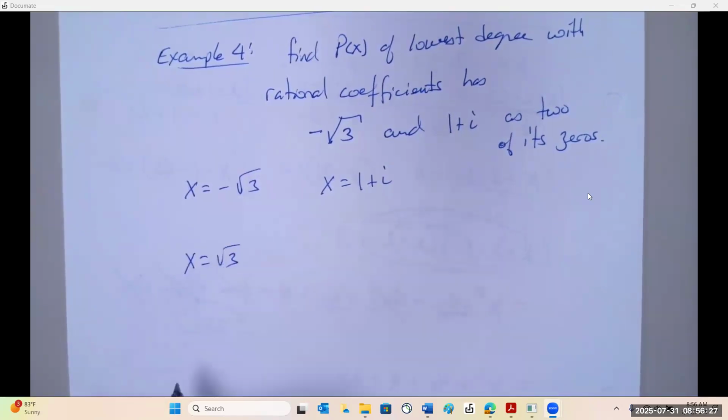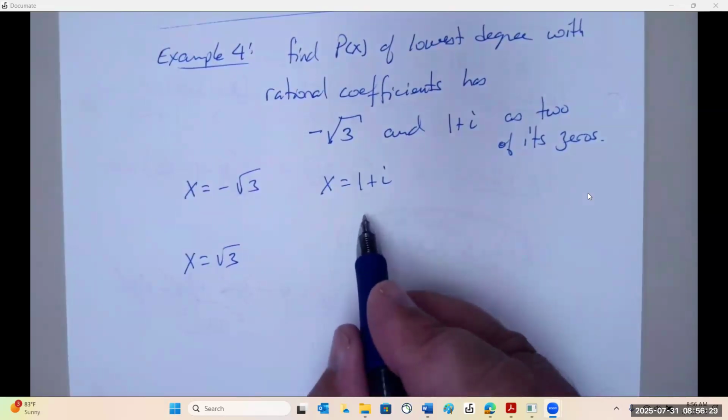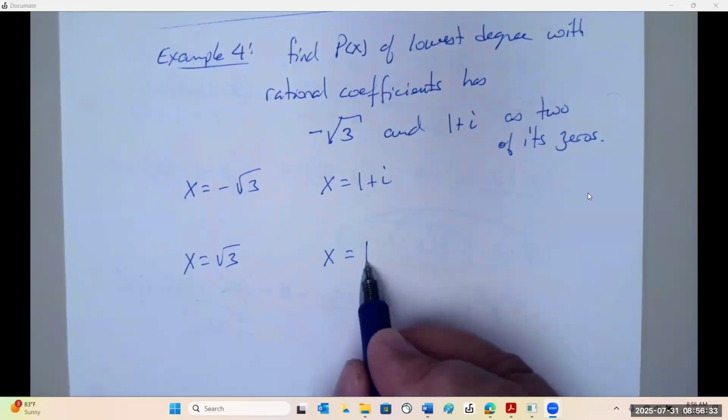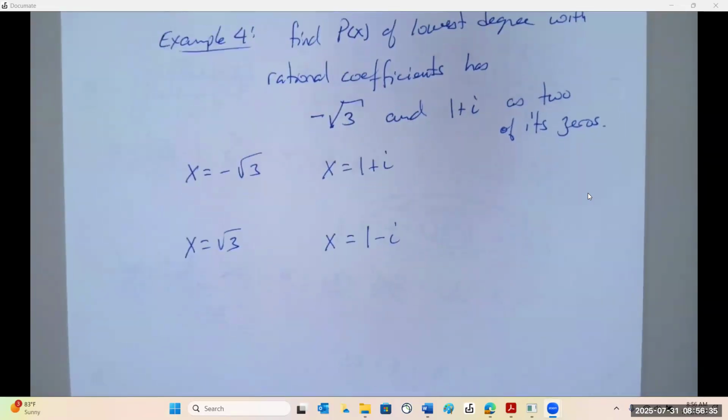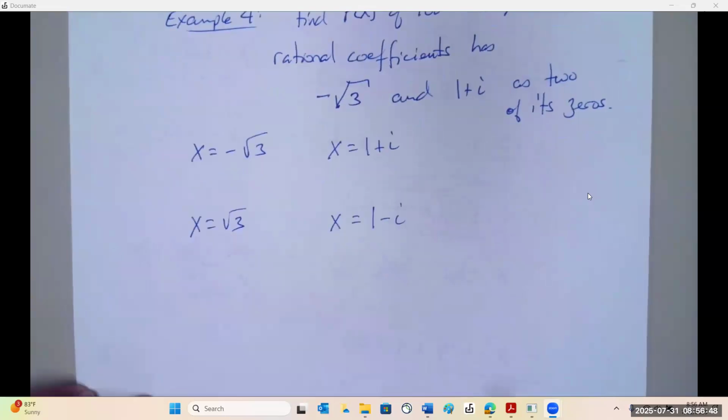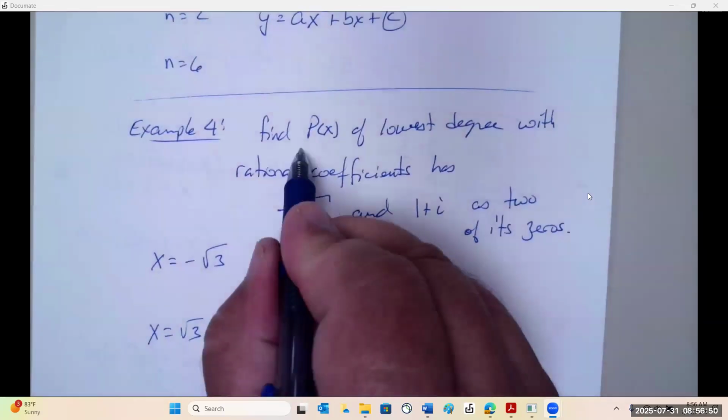Root 3. What's the conjugate pair of the second one? 1 minus I, right. So those are our 4 zeros. Are we done? No, because it wants us to find the polynomial itself.